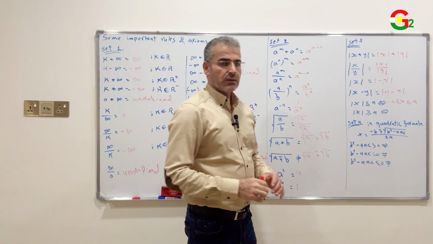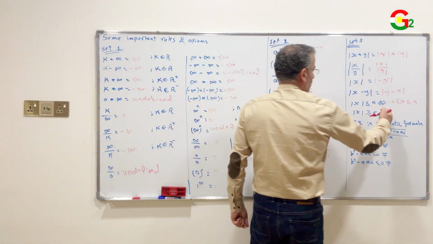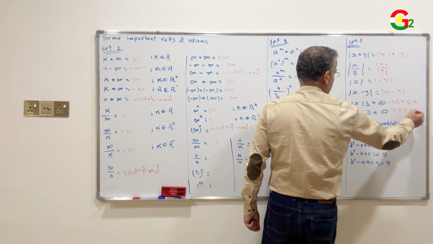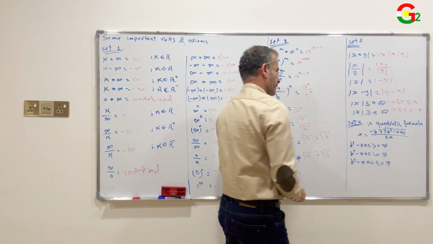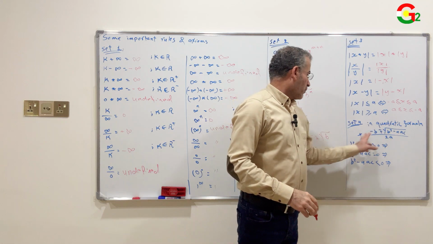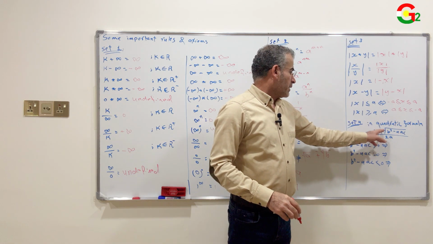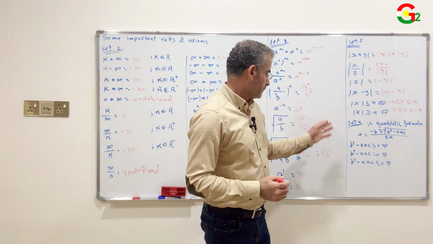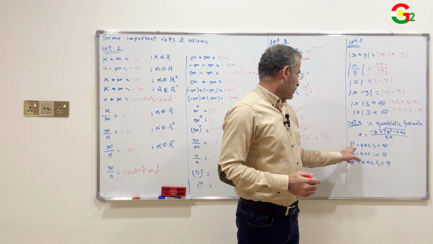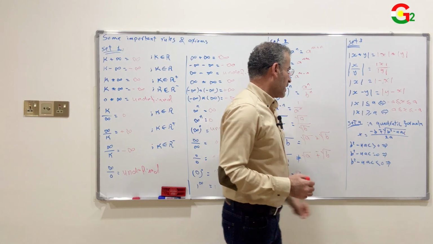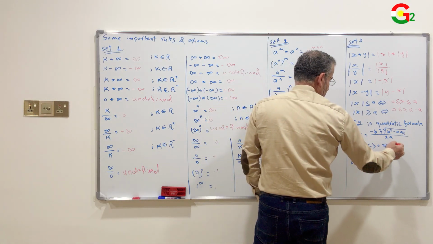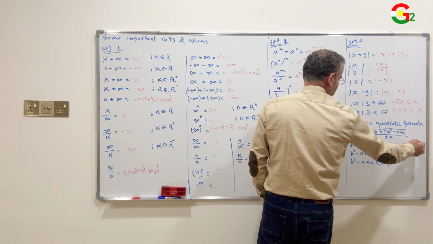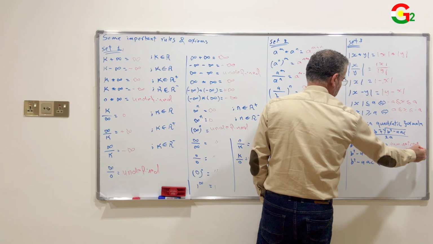Absolute value x greater than a is equivalent to x greater than a or x less than negative a. In the quadratic formula, x equals negative b plus or minus square root of b square minus 4ac, over 2a. If b square minus 4ac is greater than 0, then there exist two different roots.